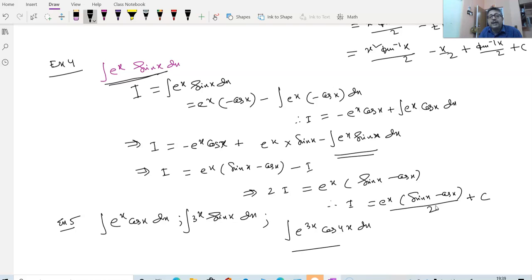For all these types, you will always follow this method, but the integrand will be considered as I. Then use integration by parts twice, bring the thing back on the left hand side, then integrate once more. Okay? See you again.